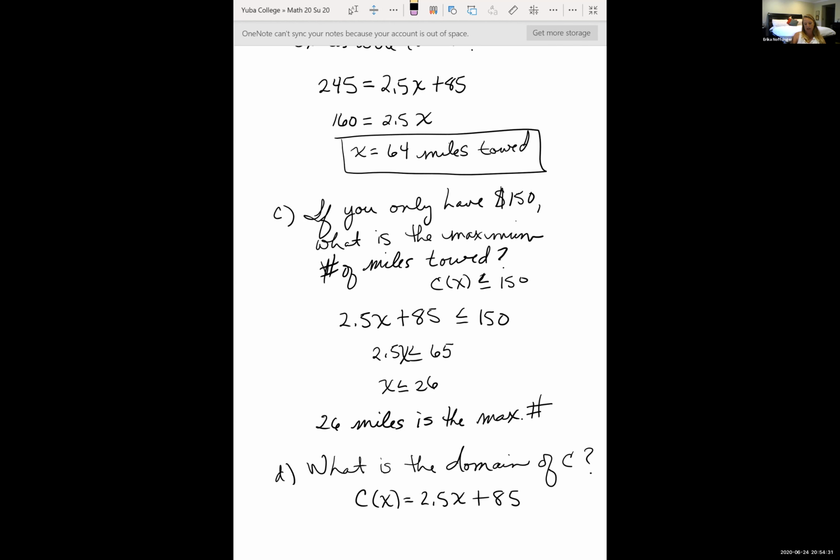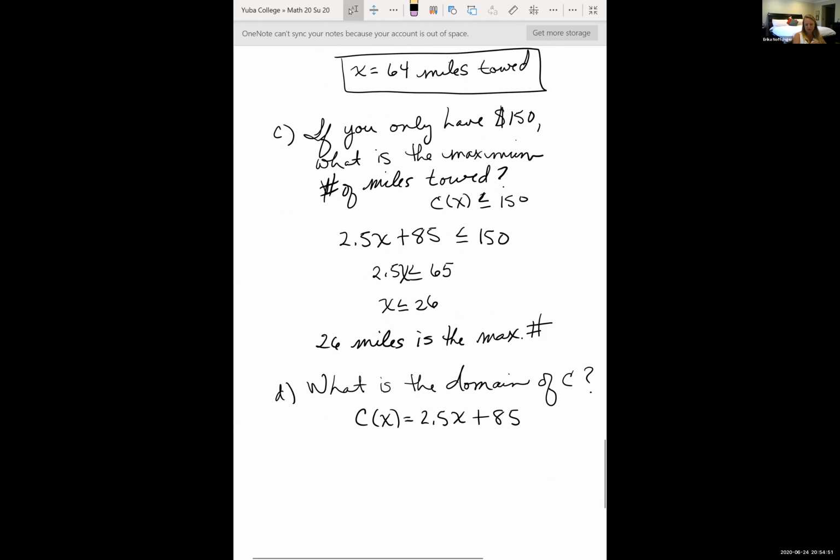If I was just looking at that equation and I was noticing the domain, that would be any real number. I don't have any trouble spots there. But we're talking about an application where C of X is cost. So it doesn't make sense to have, well, C of X is also my range, it doesn't make sense to have a negative cost, but it also doesn't make sense to have X negative. X is the number of miles being towed. So it doesn't make sense to have any distance towed being negative.